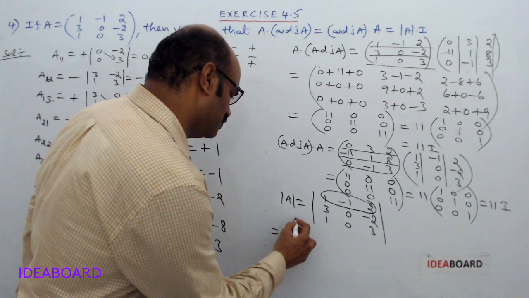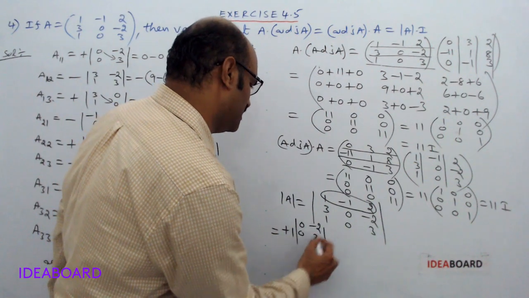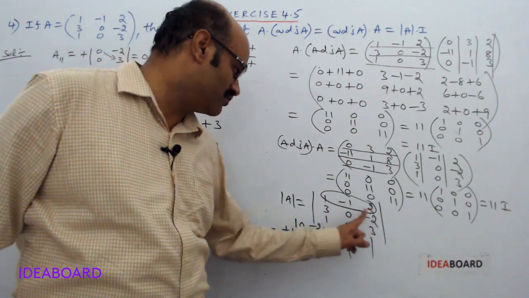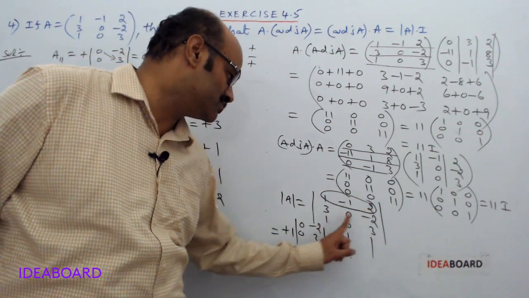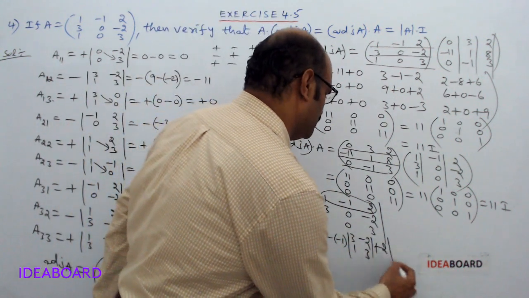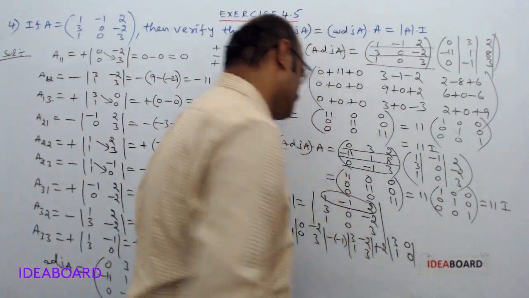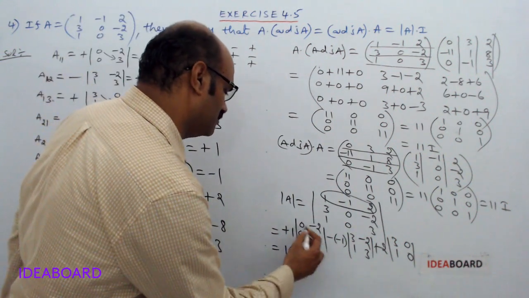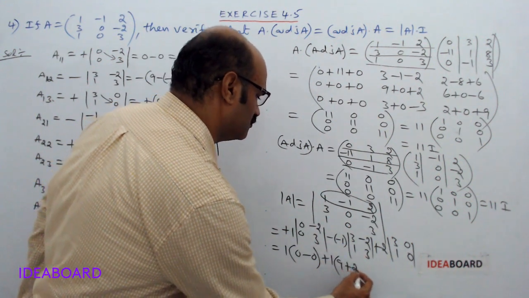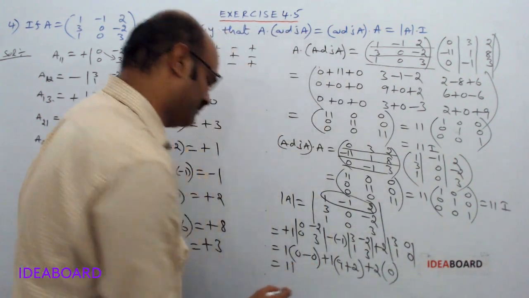So plus 1 into determinant of 0, minus 2, 0, 3, minus of minus 1 into determinant, minus 1 lies in first row and second column, so 3, minus 2, 1, 3, plus 2 into determinant of 3, 0, 1, 0. So equal to 1 into 0 minus 0 plus 1 into 9 plus 2 plus 2 into 0, so equal to 11.